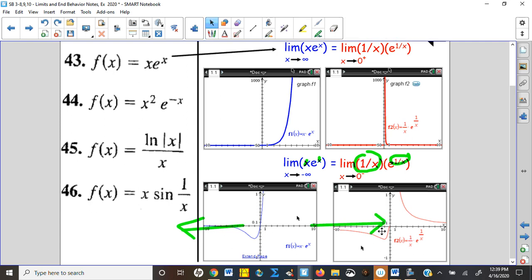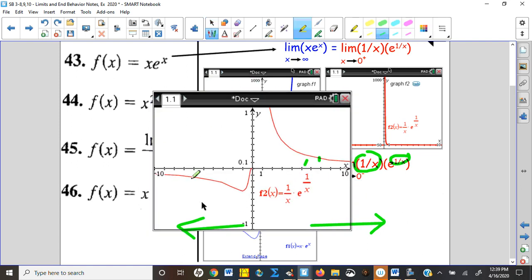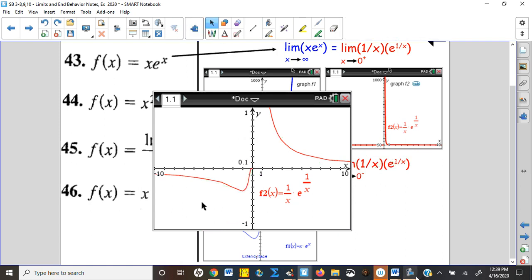Okay, let's see what happens here. Looks like our graph is coming down and then starts back up, and oh, look at that, it's heading right towards 0, which is the answer we got doing it the original way also. So that's how you could do these.